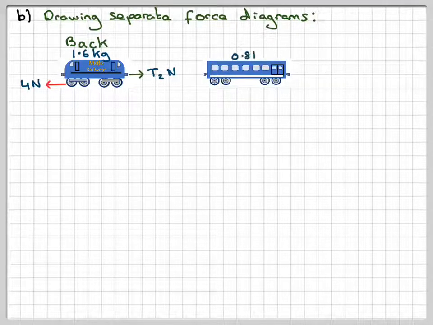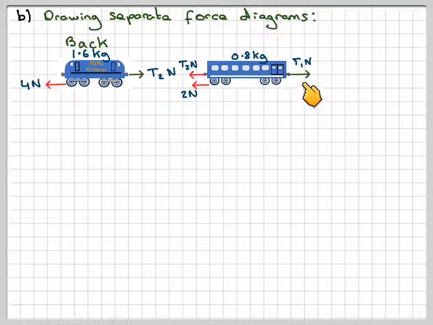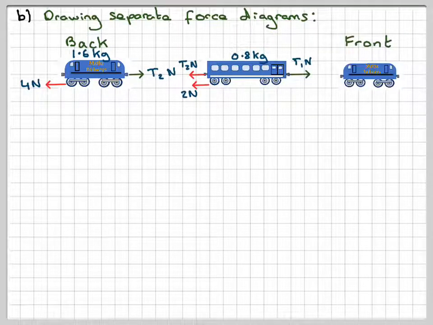The passenger carriage has a mass of 0.8 kilograms. It has the same tension, T2 newtons, as this one here, and it has a resistance to motion of 2 newtons, but it also has another coupling force, a different one, which we're going to call T1 newtons.